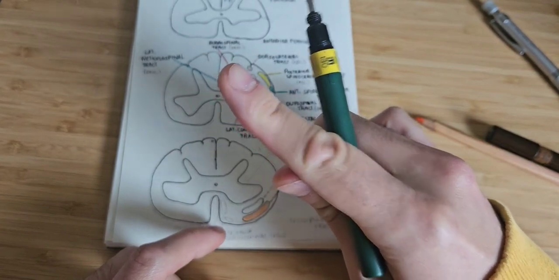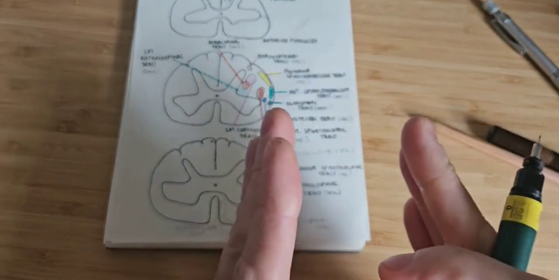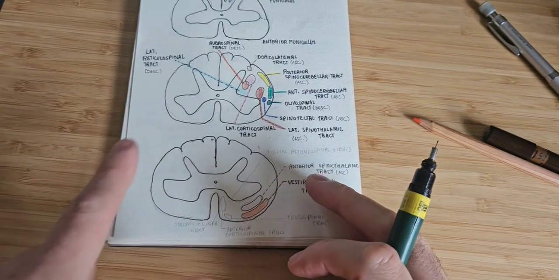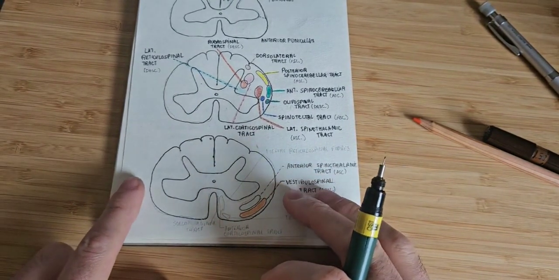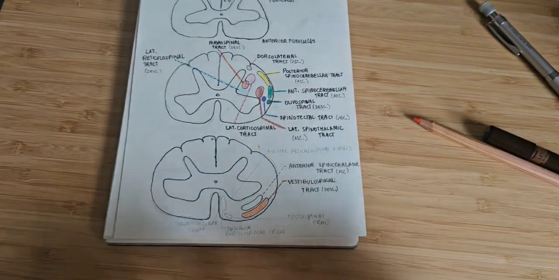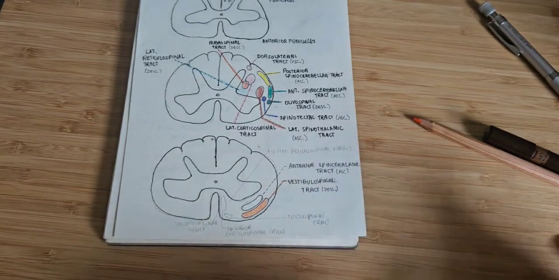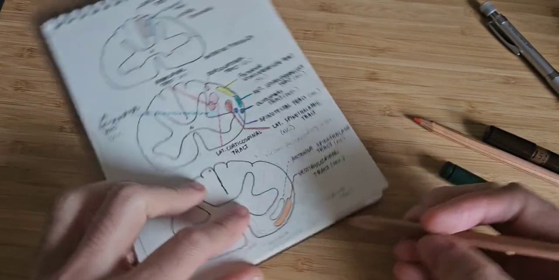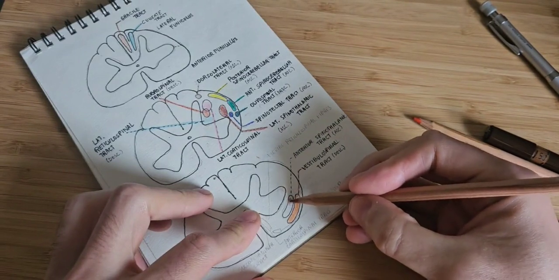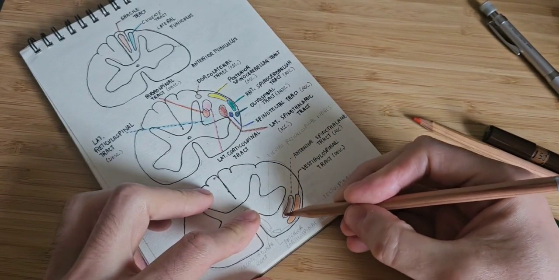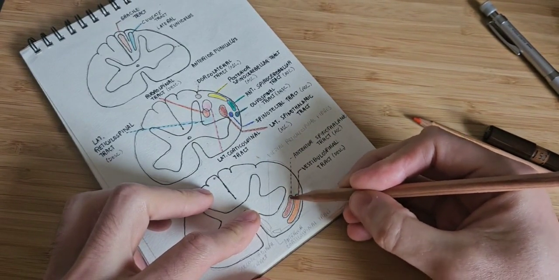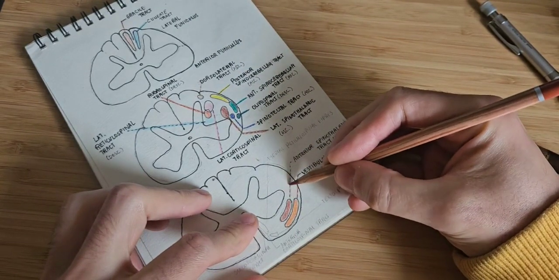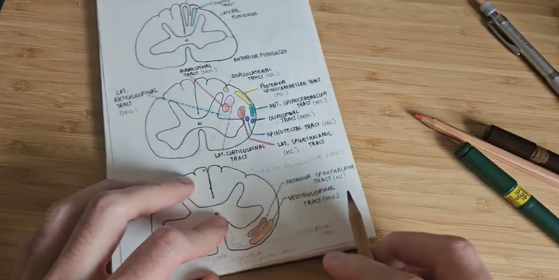Just remember this. Loss of temperature sensation on the contralateral side of the body. Okay, let me just use this color here to differentiate the anterior spinothalamic tract from the vestibulospinal tract.